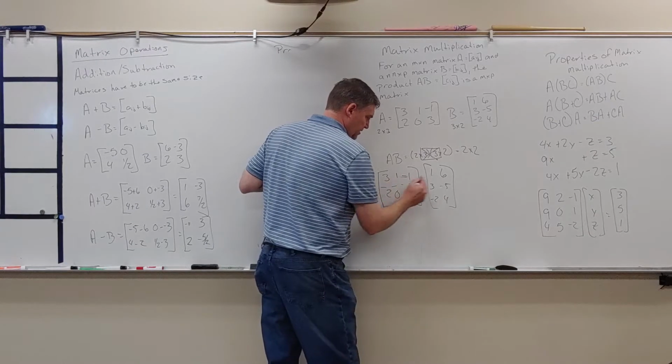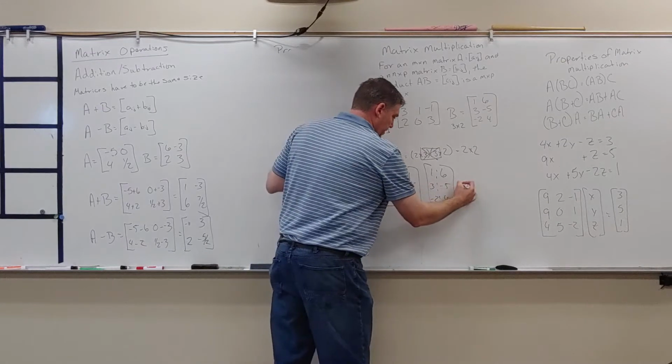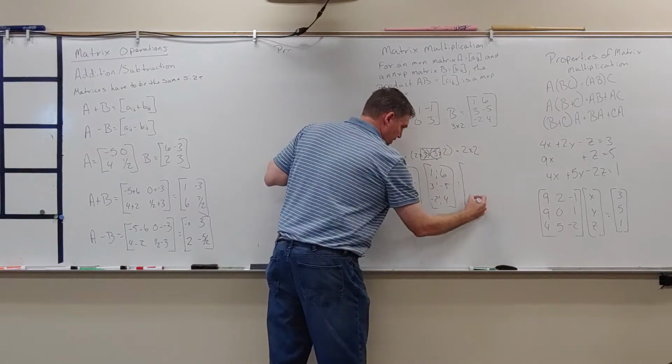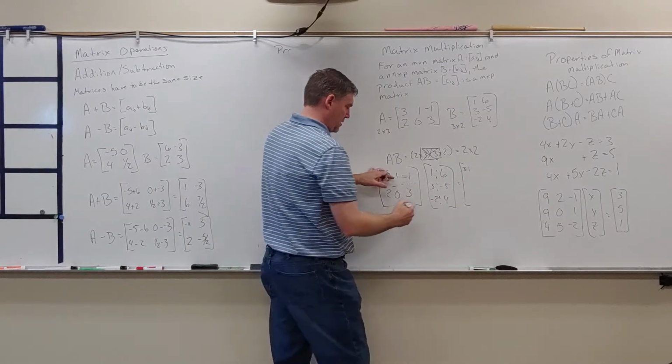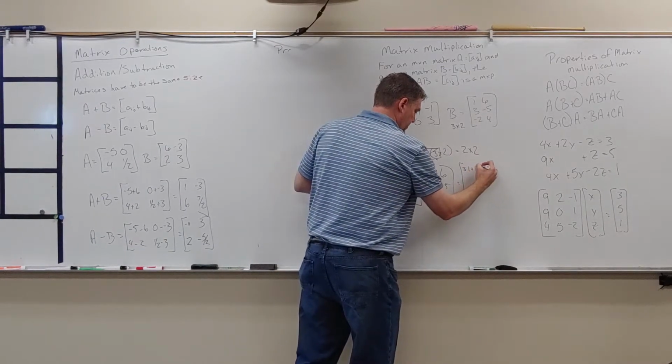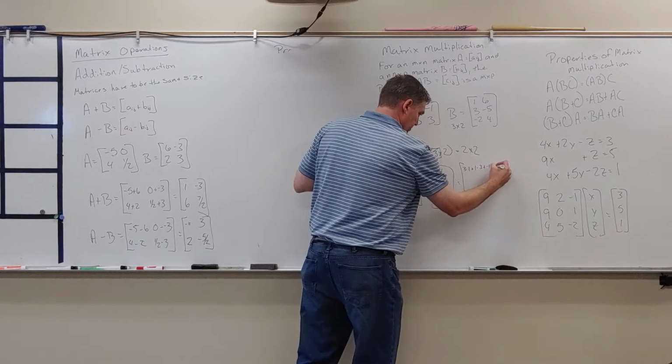So I have this, I'm going to multiply it by those columns. So what's going to happen here is now I have 3 times 1 plus 1 times 3 plus negative 1 times negative 2.